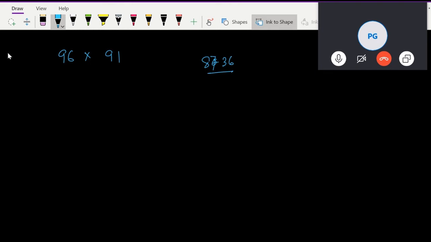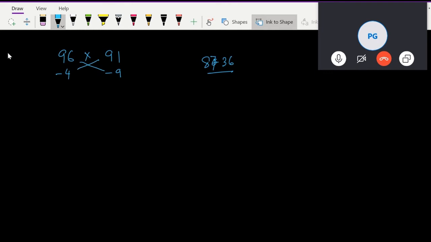Okay, let's see. There's a very simple way to do it. Whenever you have numbers which are close to 100, like we have here, all you have to do is to see, just visually see, what is the difference of that number from 100. So 96 is 4 less than 100. 91 is 9 less than 100, right? So all you have to do is do just one cross addition.